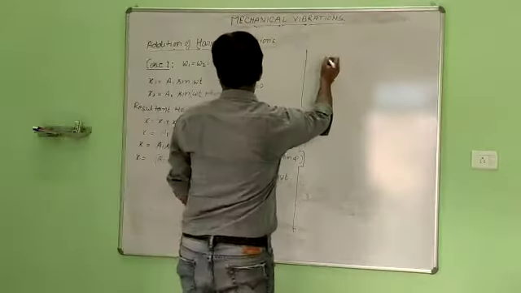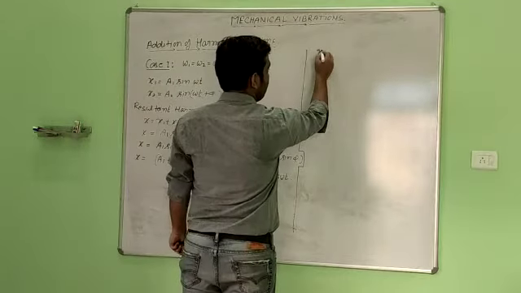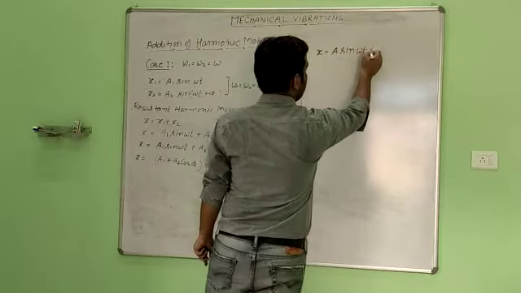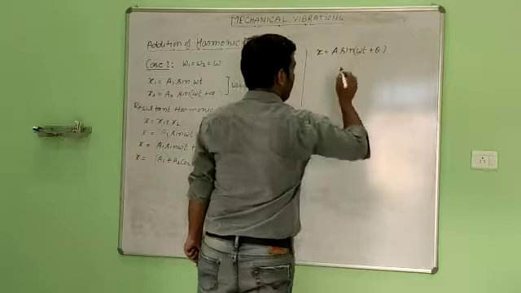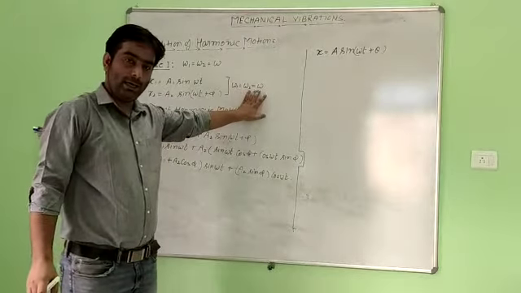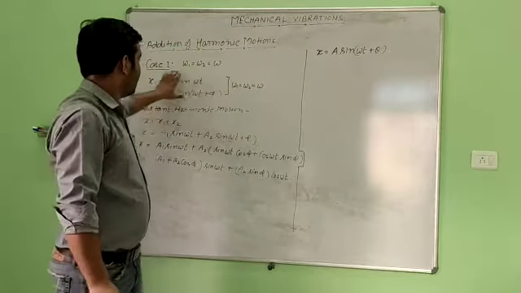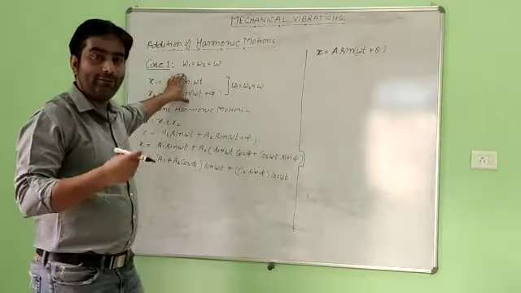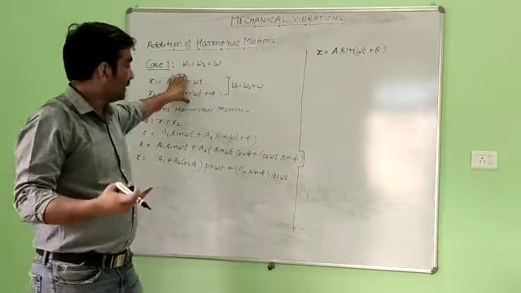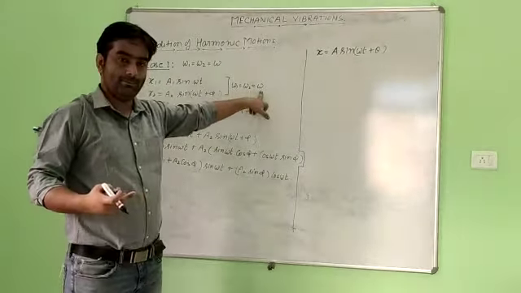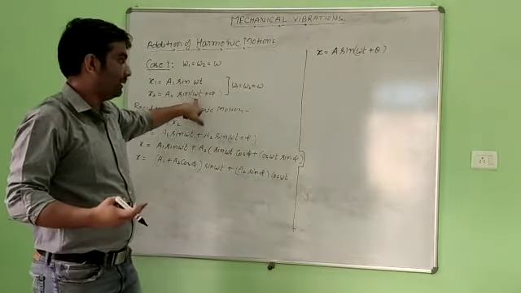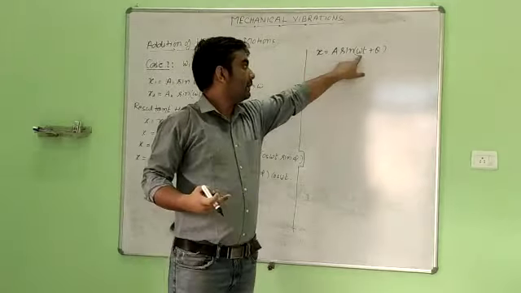Now we are going to assume the resultant is equal to A sin(omega t plus theta). The one property when omega 1 equal to omega 2 equal to omega is that the resultant also has the same natural frequency. Means if we are having omega, then the resultant will also have omega.